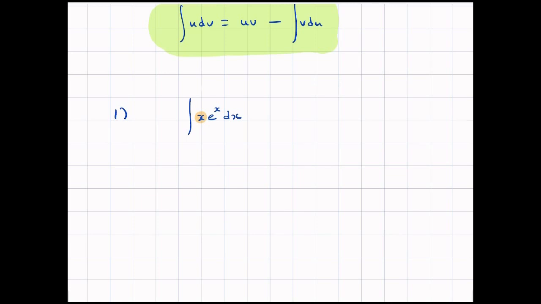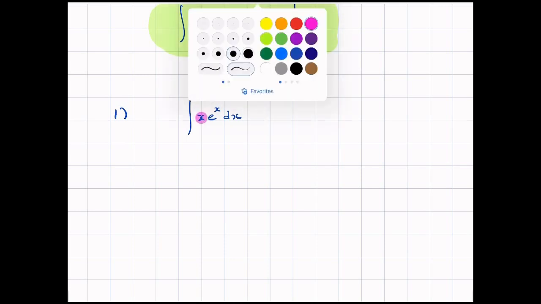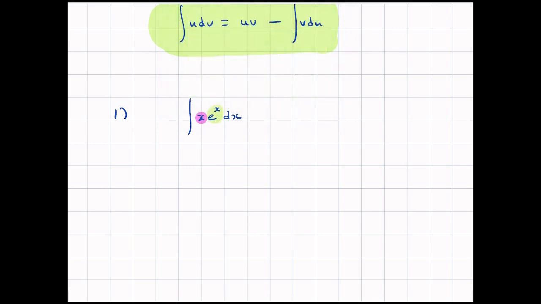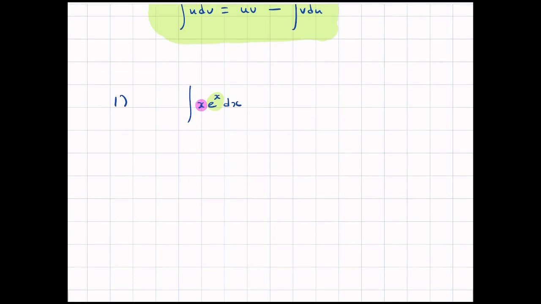If I don't have this x squared, if it's just x e to the x, then I have to start thinking about something else that I can do. Integration by parts is one of those things. It works for products of functions. So I have an x times an e to the x, a product of two functions, and I can't use u sub, so this is where I'm going to use integration by parts.